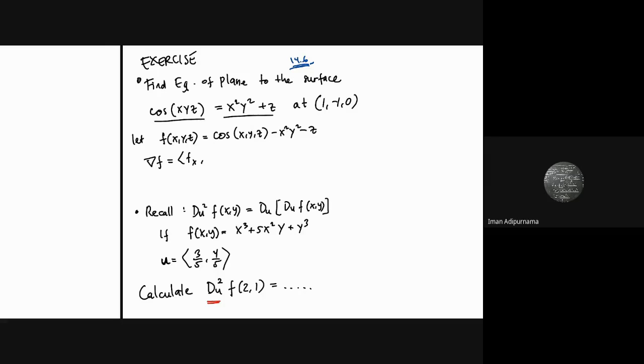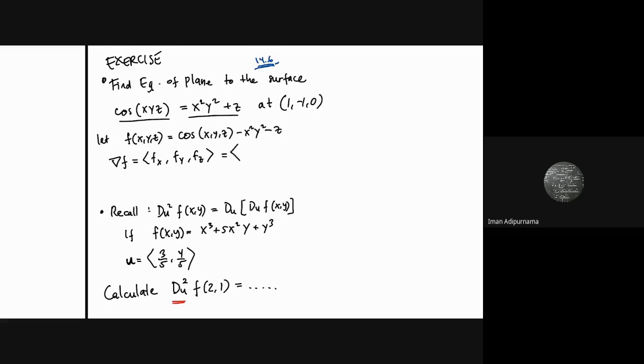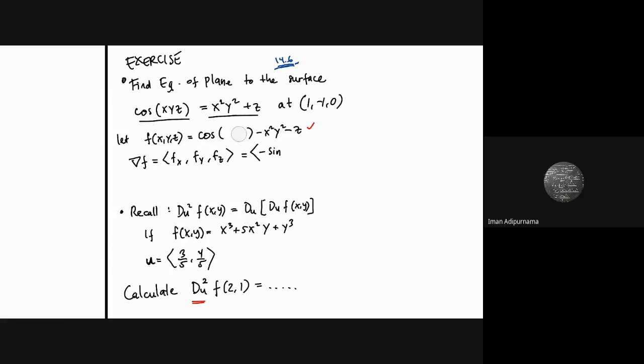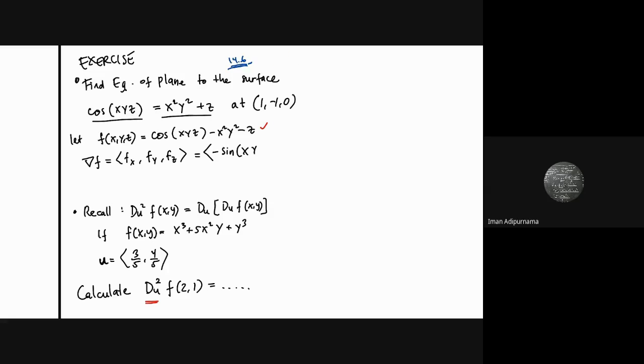Let me just write the partial f, partial y, and partial z, and then calculate all with this function f here. So we will have minus sine, oh, I am making it with a comma, sorry. Sine, and then multiply with, or maybe I'm putting it to the front here to make it clear.